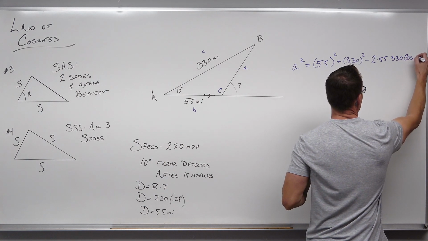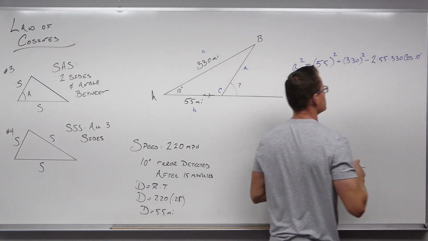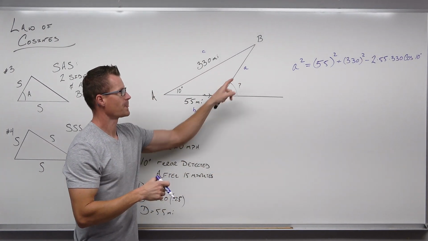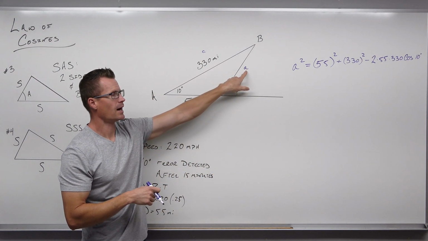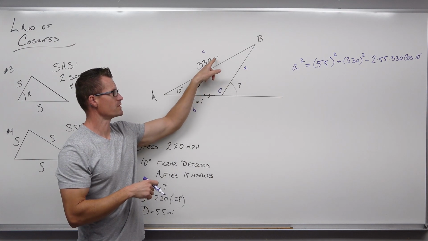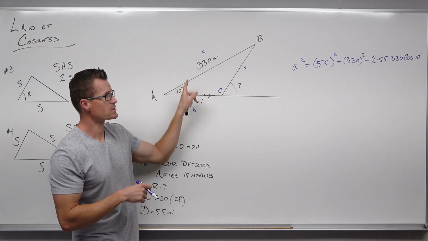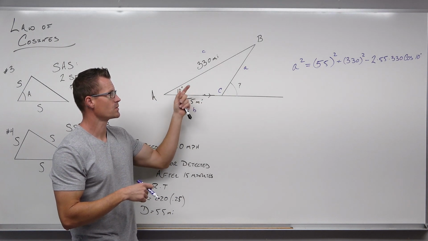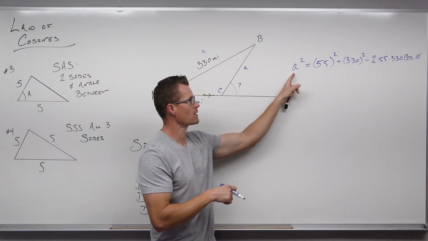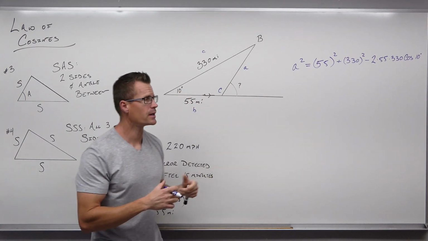So let's see, here's my side I want to find. I have the sum of the squares of these other two sides minus the product of 2 times those sides times the cosine of the angle between them, which is also the angle opposite the side I need to find.